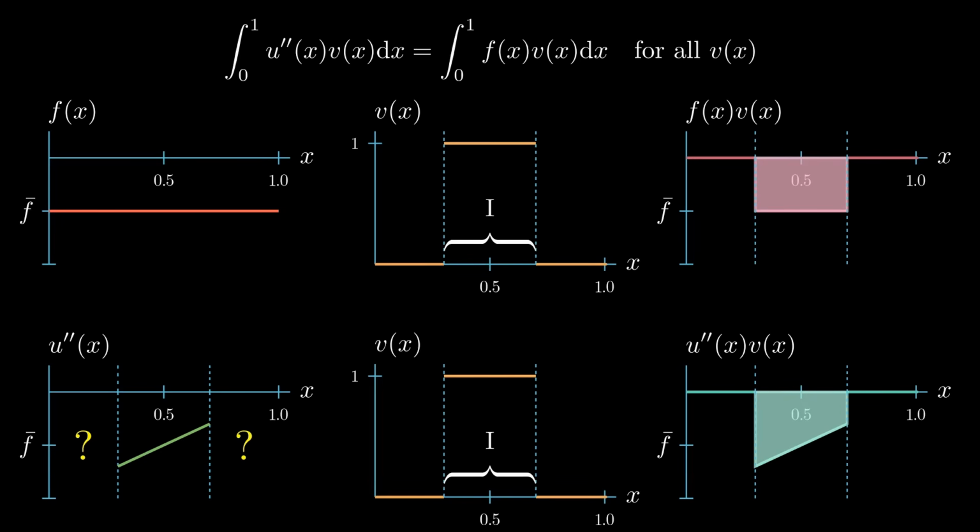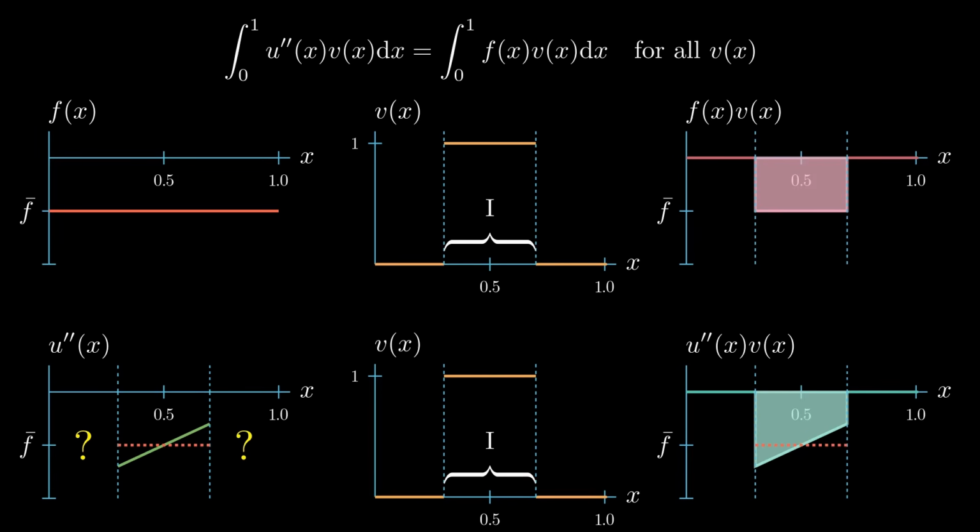On the first glance, it seems that we did not gain any new information about how u double prime should look like after changing the shape of our test function. But let's take a closer look. If we assume that u double prime is a continuous function, which we will do here, we can observe that u double prime must cross at some point in the interval I the value f bar.